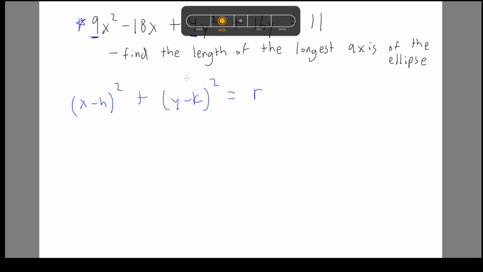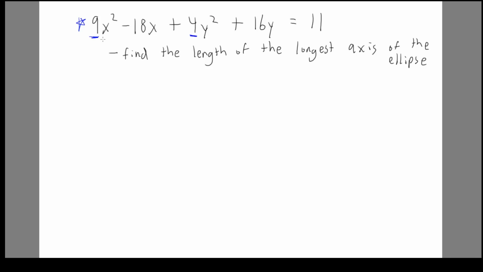So now let's find the length of the longest axis. In order to do this, we have to manipulate the equation that they give us up here to get the standard form of the equation for an ellipse.